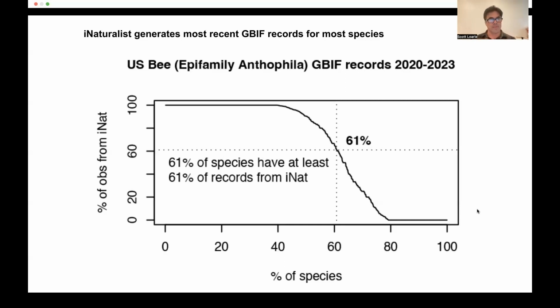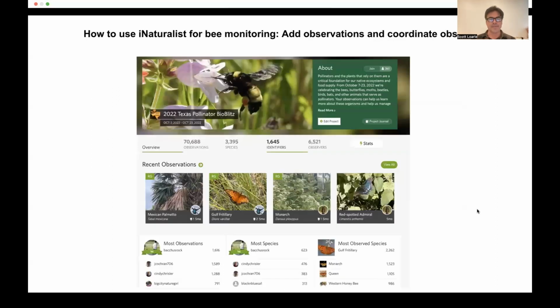So again, even aside from the benefits of community science, of engaging the public, building constituency, citizen science at the moment is where the bulk of observations and diversity in terms of species is coming into GBIF. So it's a really important tool in our arsenal to do native bee monitoring in the United States.